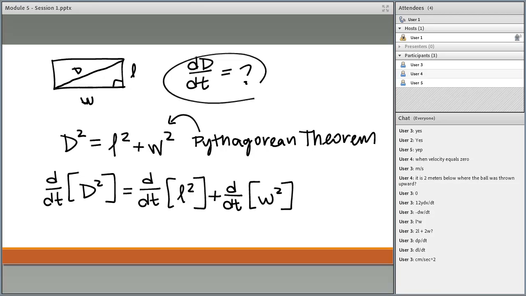So the derivative with respect to t of d squared, what do I get? Good? Is there anything else? Do we need to use the chain rule? Is the diagonal changing with respect to time? It is.